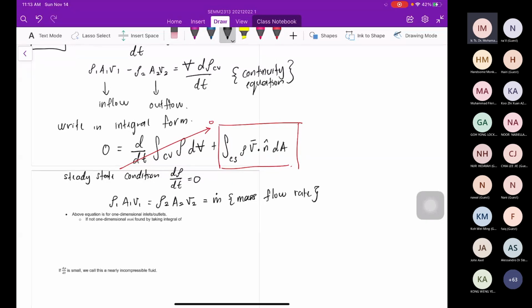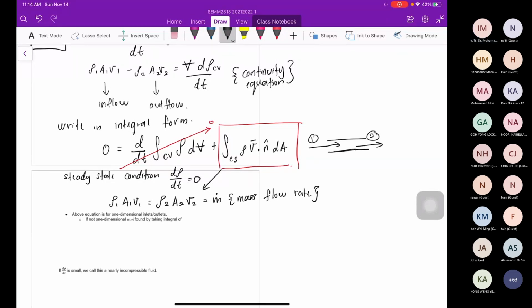After you expand rho AV, you will arrive at this equation when only one inlet and one outlet is considered: flow from 1 and 2.